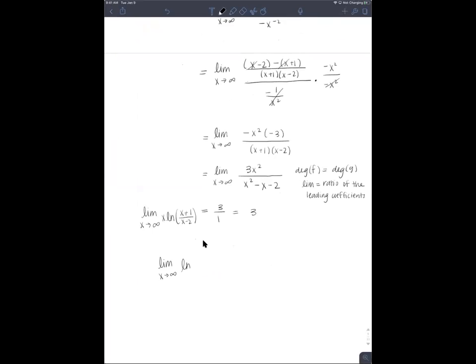We care about the limit of (x plus 1 over x minus 2) to the power of x. That's equal to e to the limit as x goes to infinity of what we just found. And so this whole thing is e to the power of 3.